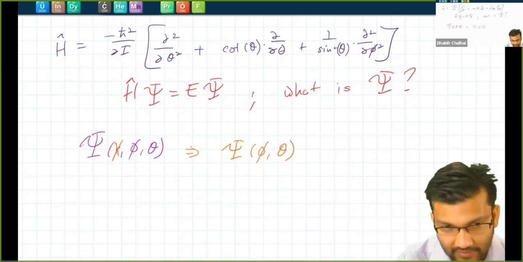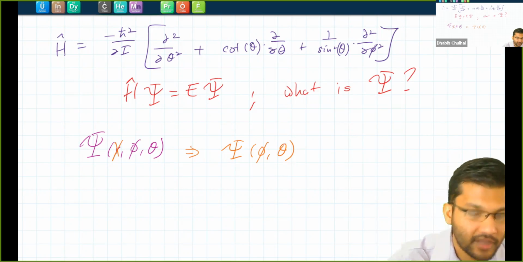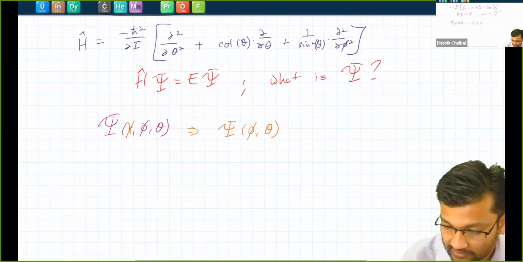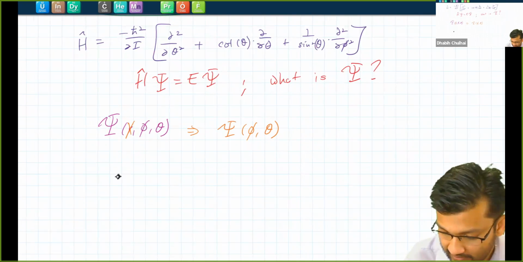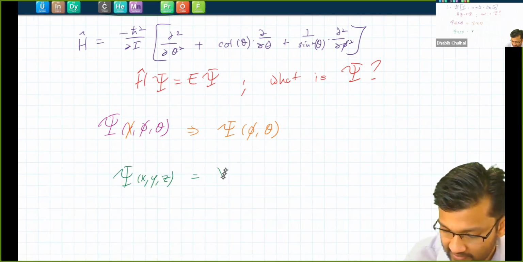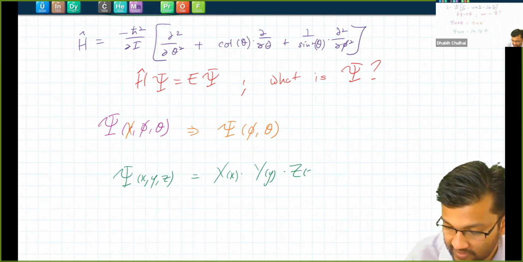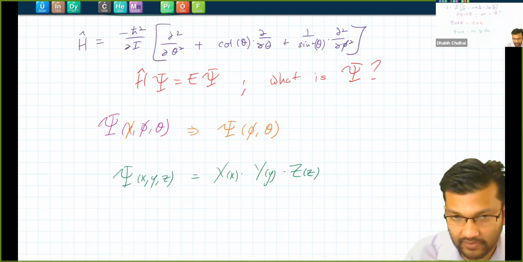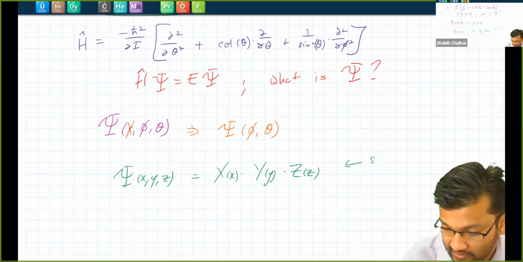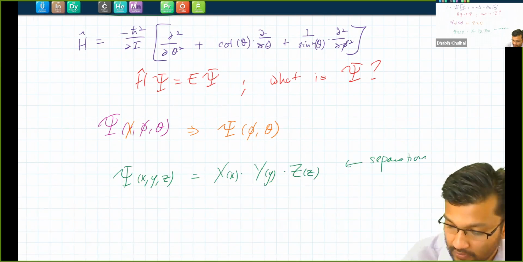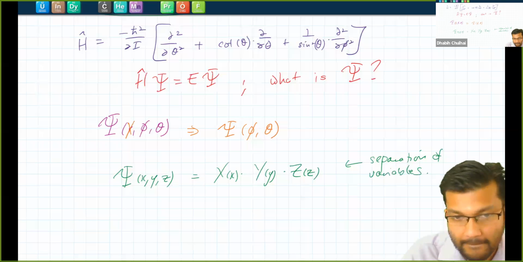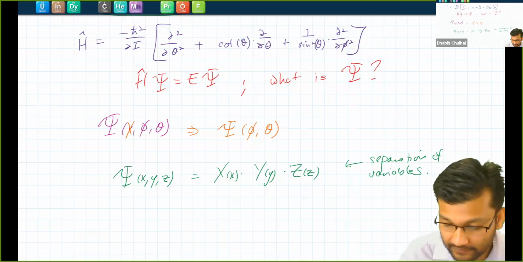Remember when we solved the 3D particle in a box, we said that this wave function of x, y, and z, we can rewrite it as some function of x only times some function of y only times some function of z only. We separate the variables. So this is called separation of variables. We're going to do the same thing here, right?